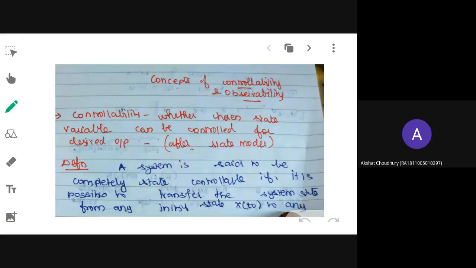Ma'am, what is written in the last line? From any initial state x of t naught to any. It's not complete. Only if you are saying finished, I will show the next page.